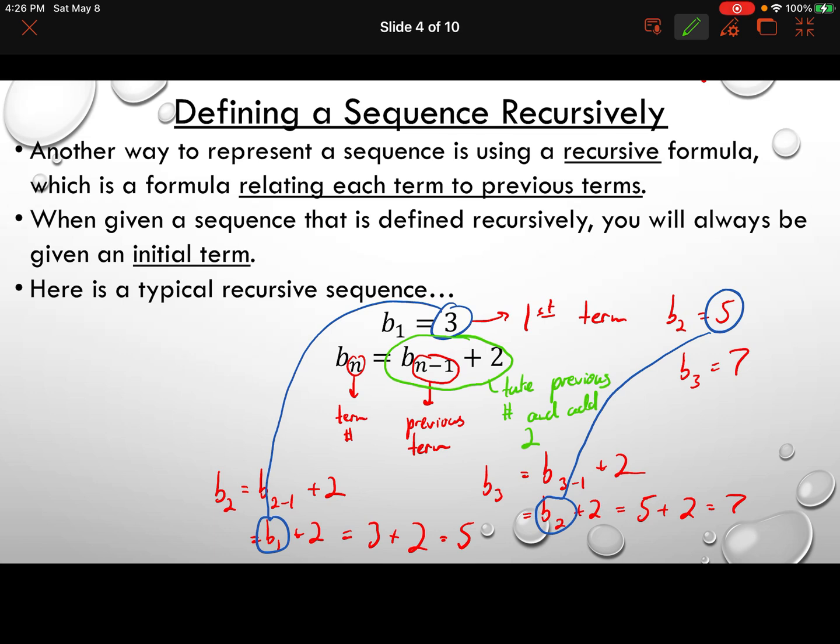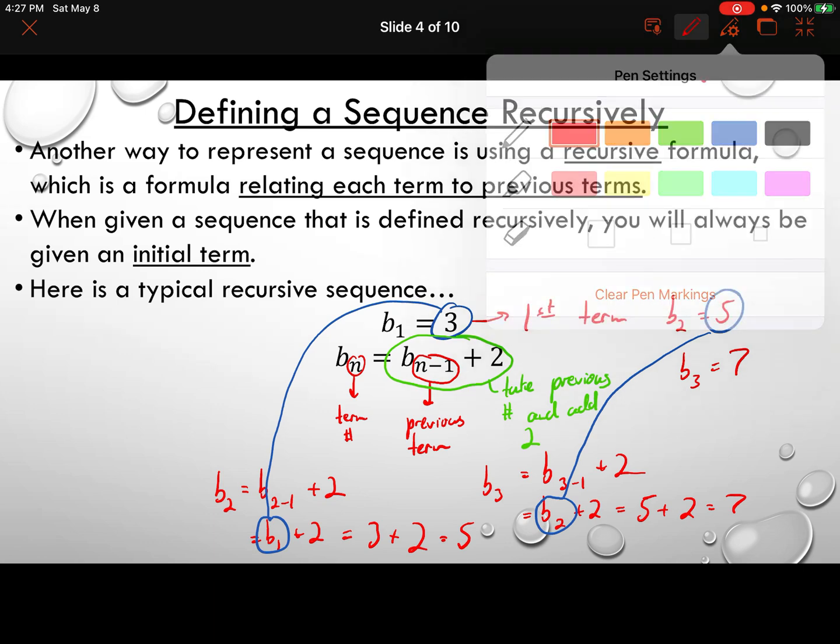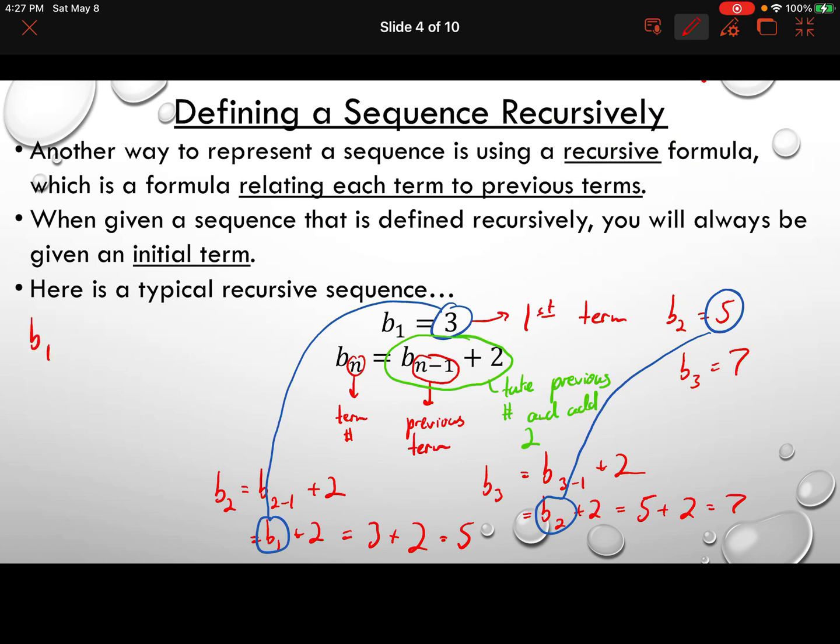So as you can see, this is where a recursive formula and an explicit formula really show their differences. Because, for example, if we wanted to find the 10th term, we would have to do b sub 10 minus 1 plus 2. So that's b sub 9.